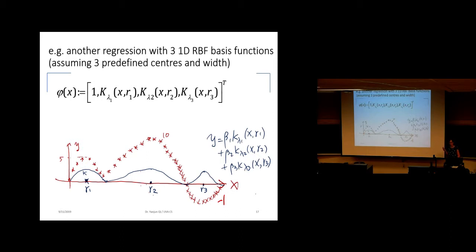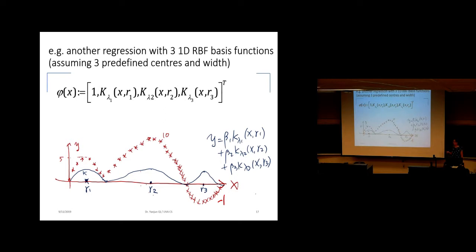So what's the problem of this type of fitting? Just try to think, speculate. How do we get to the R1 locations? Great question. You actually do not know where to put R1 and also the wideness of the lambda, right? In this one, I just used my eyes to eyeball.